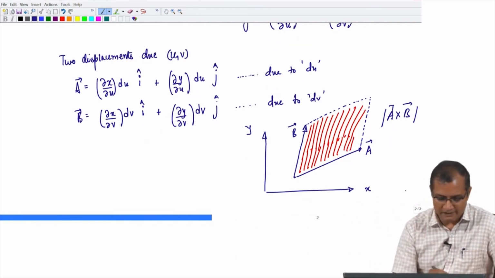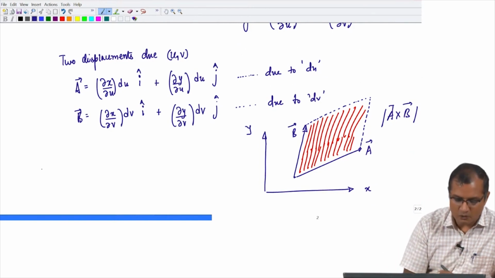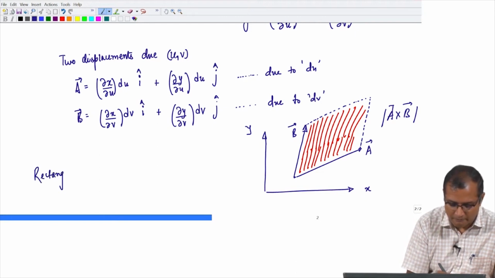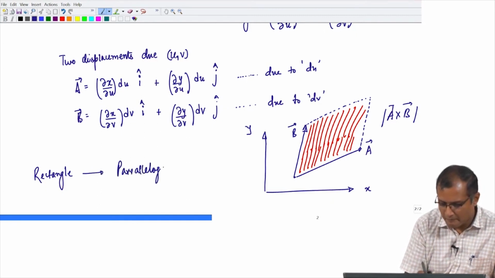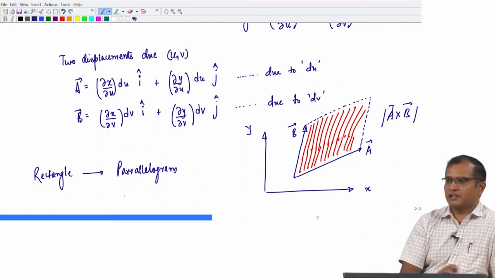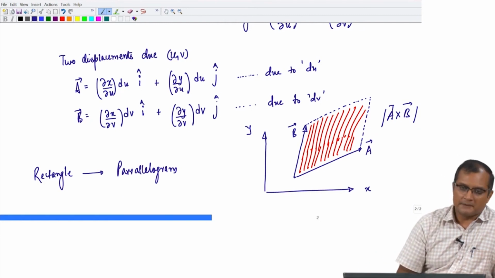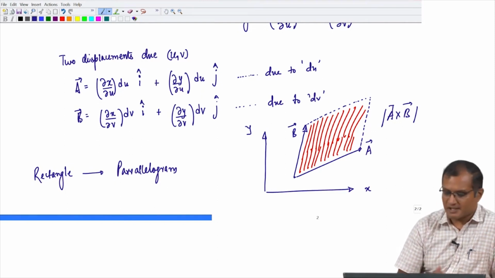Okay. So, I will say that in terms of the coordinates, what I have done essentially is that I have transformed a rectangle into a parallelogram. Okay. So, either I can work in terms of x y, then my total area swept is dx dy, or I can compute A cross B, that is the area, both are the same.